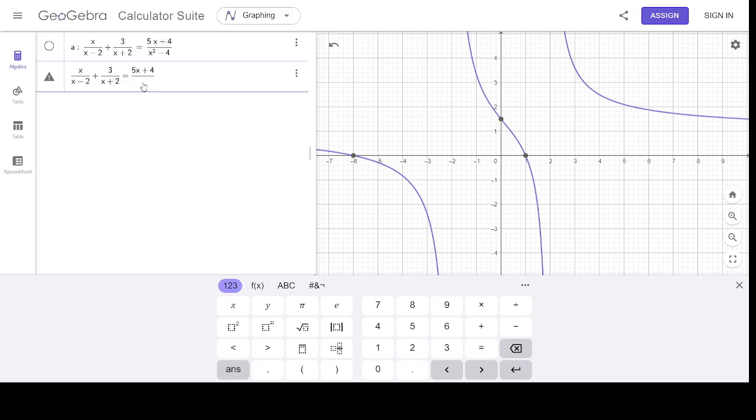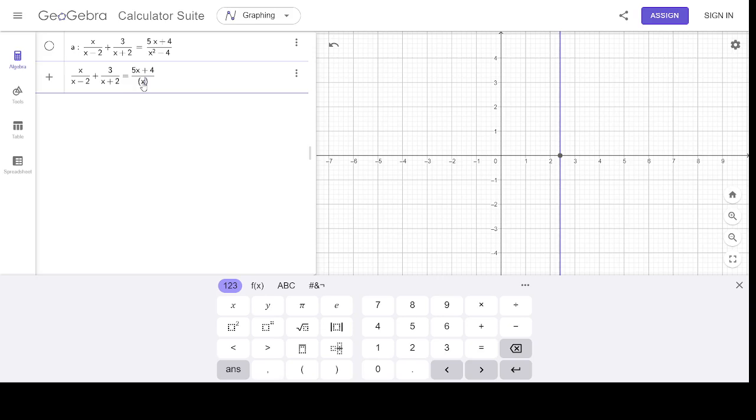So in expanding this x squared minus 4, which represents a difference of squares, this will be x minus 2, introduce another bracket here, then x plus 2.